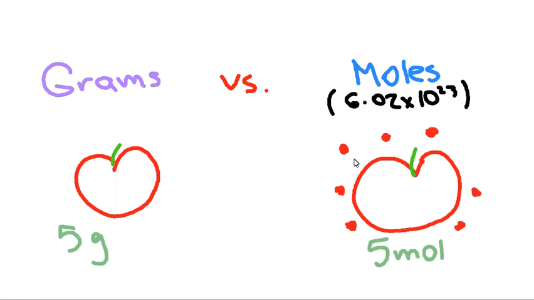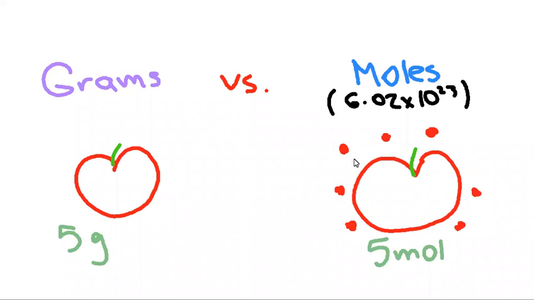But atomic mass is indicative of how much something weighs, essentially, how many grams per mole a particular element is. So how many grams are in a mole, which is 6.02 times 10 to the 23rd, of helium? How many for nitrogen? How many for argon? You kind of see the concept.